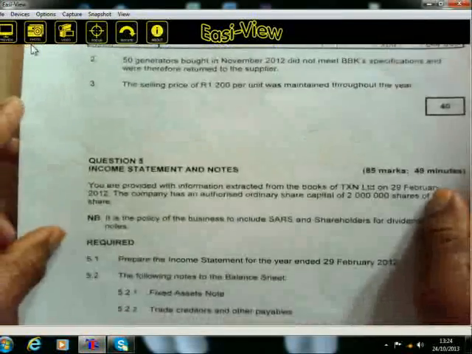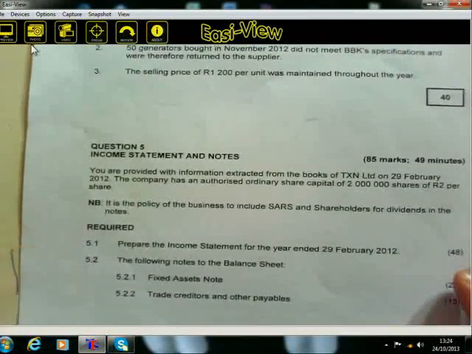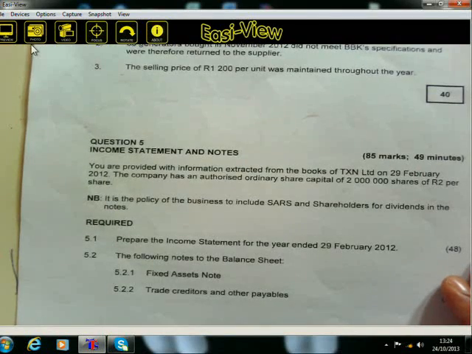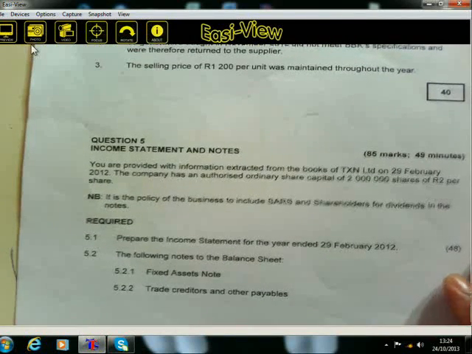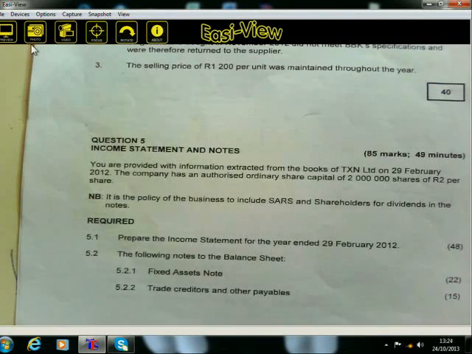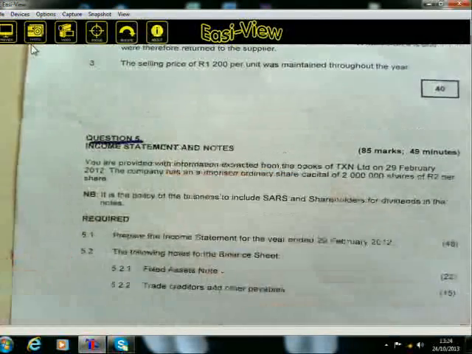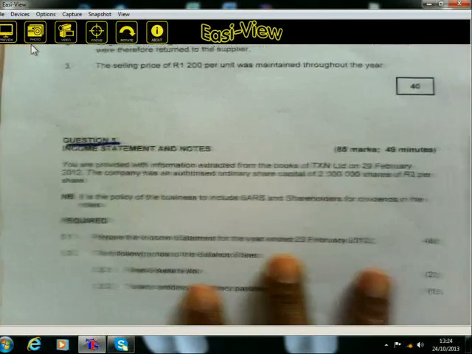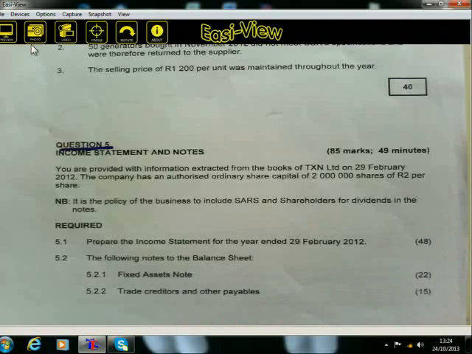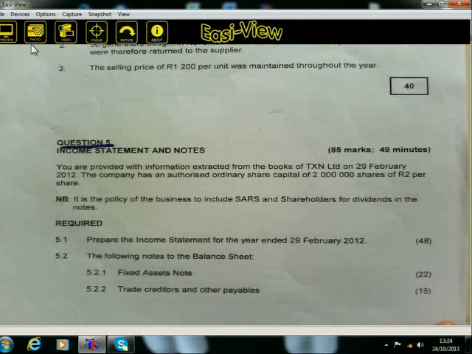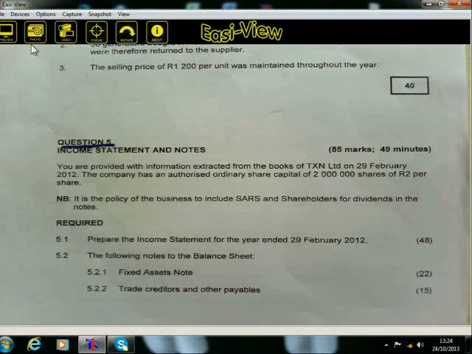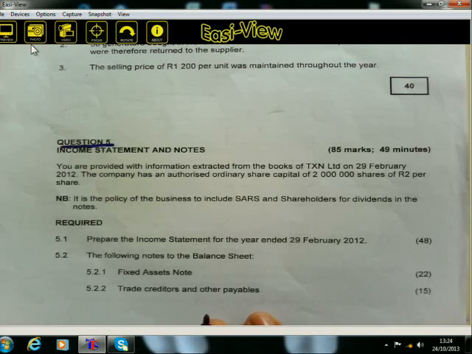It is the paper that you wrote in September this year. Question 5 reads as follows. You are provided with information extracted from the books of TNX Limited on 29 February 2012.